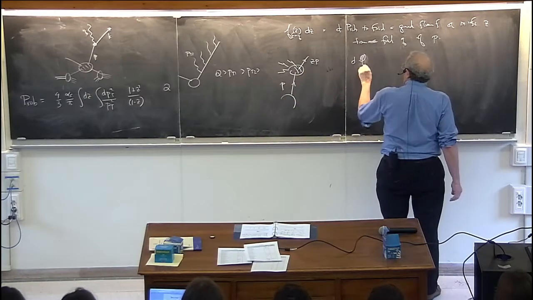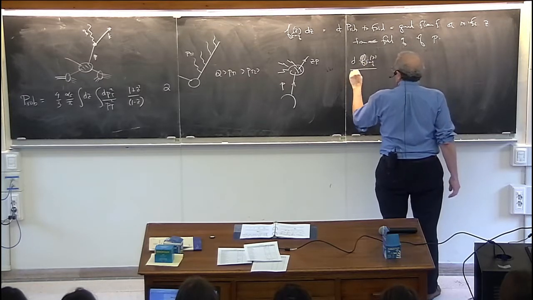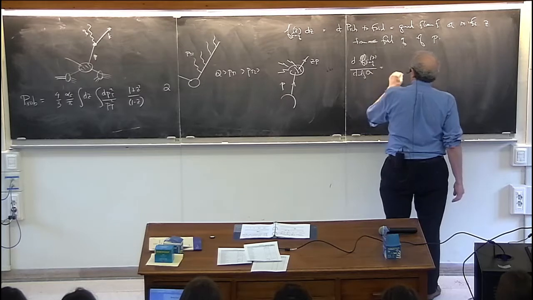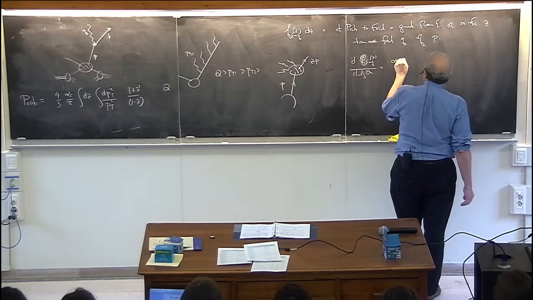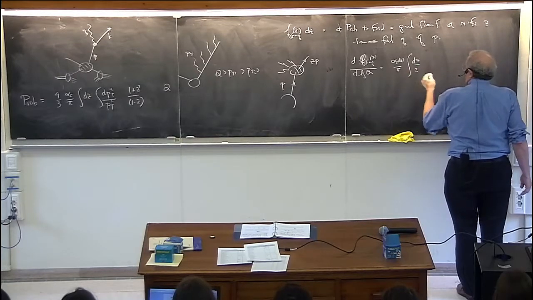D f sub f to q of z d log q is equal to alpha s of q over pi, the integral dz over z.